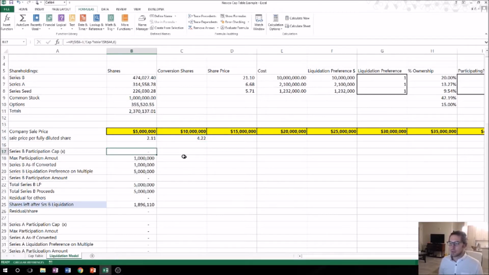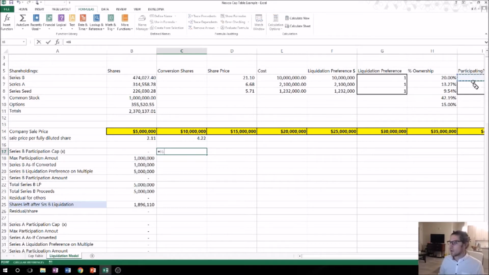The participation cap. First thing, we're going to calculate the Series B participation cap. That equals whether or not the Series B shares are participating. If they are, we're going to reference the cap on the cap table, and if they're not, we're just going to put a 0 there.